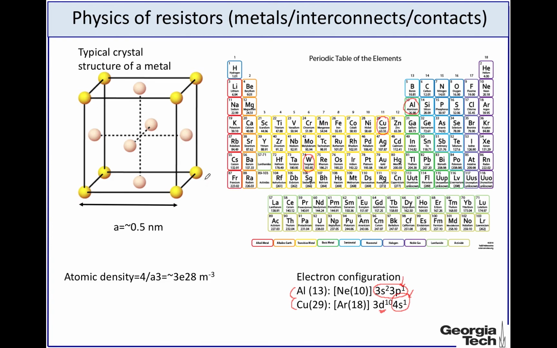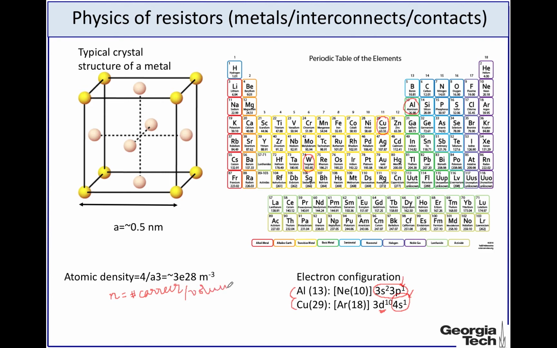All right. So what we want to calculate first is the density of carriers, which are electrons in these materials that participate in the conduction. So N is the number of carriers per unit volume.